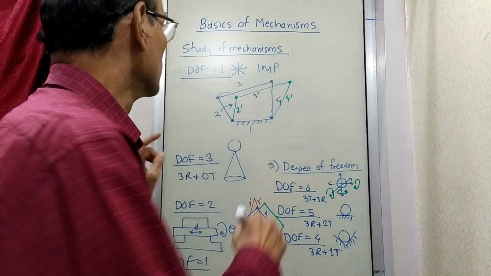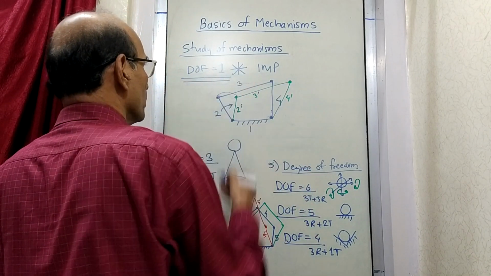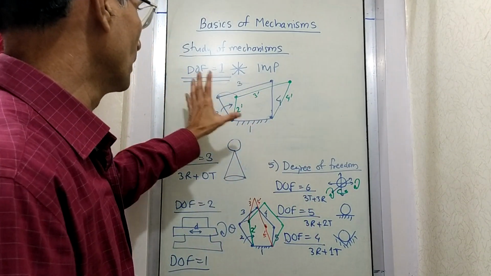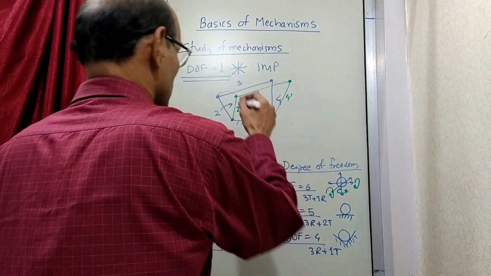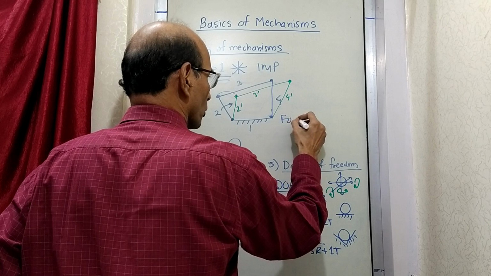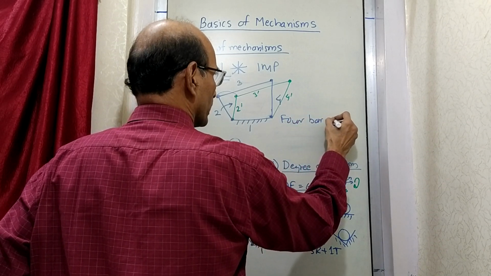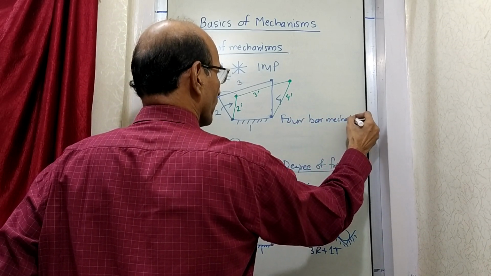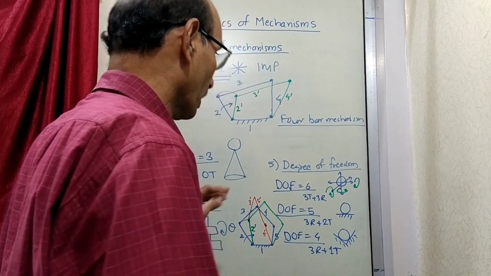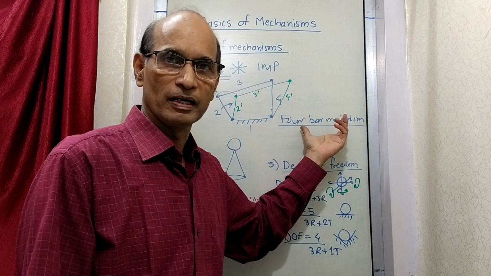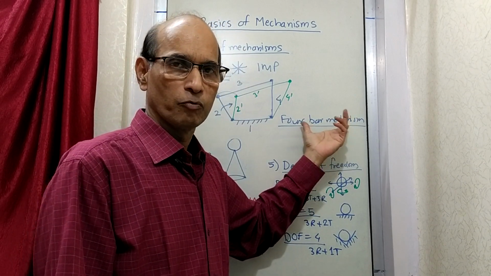So this is called an example of degree of freedom 1. There could be many, but this example we are taking because this is a 4-bar mechanism. Now this particular term, keep in mind very well, we are going to use it again and again: 4-bar mechanism.